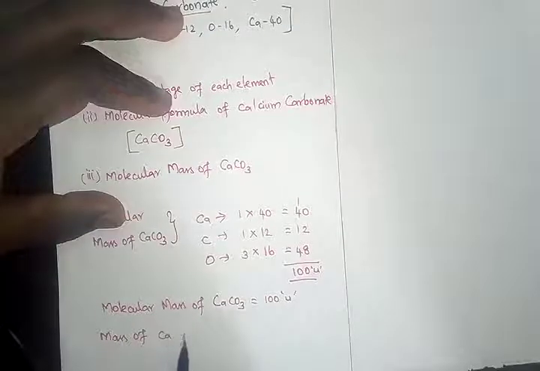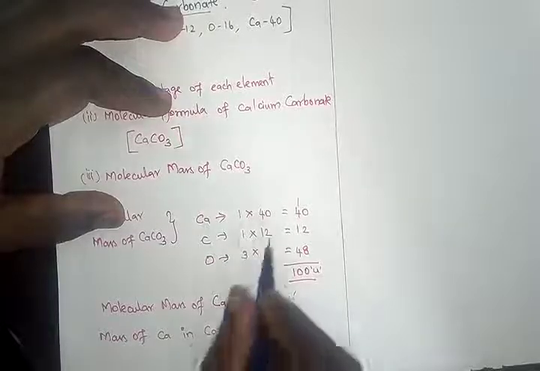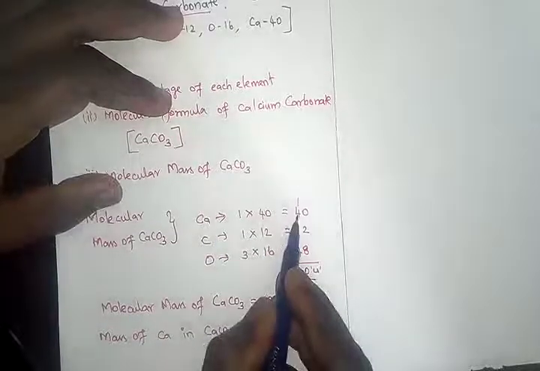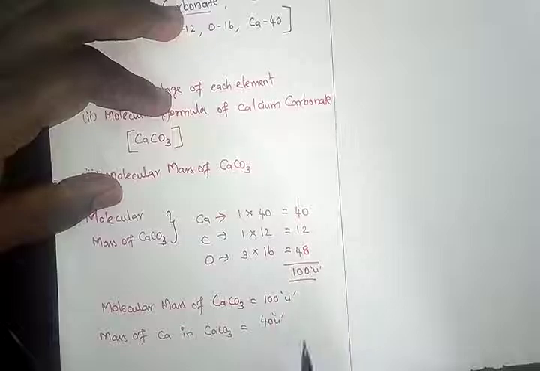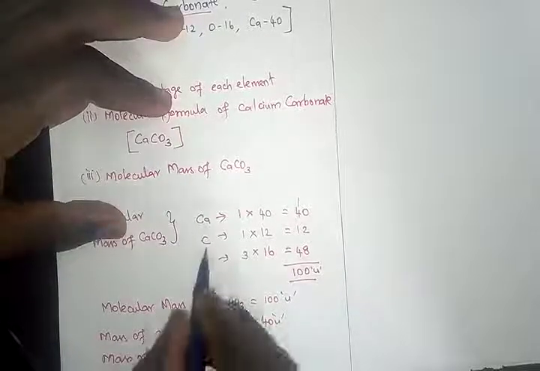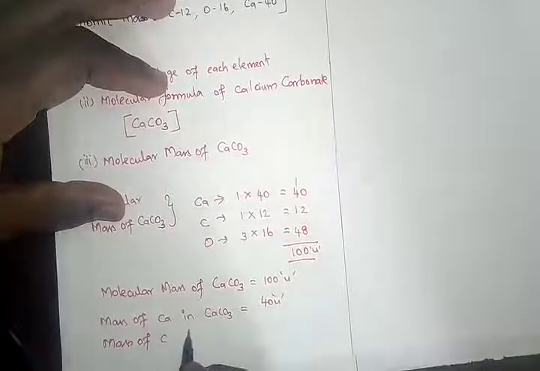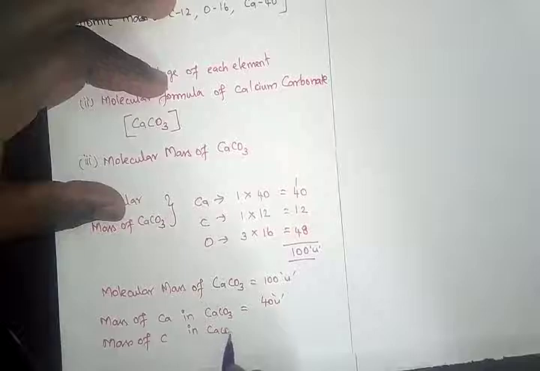Additionally, what other information have you got? Mass of calcium in calcium carbonate. Only one calcium atom we have, so 40 U it is. The next is mass of carbon in calcium carbonate.